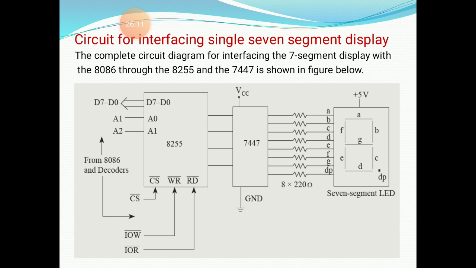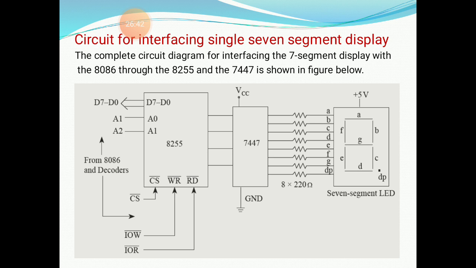This 4-bit BCD number is given to the IC 7447. This IC 7447 converts the 4-bit BCD number into the equivalent 7-bit pattern and gives it to the 7 segment display device to display the corresponding BCD number. And port B and port C are not used in this interfacing diagram.